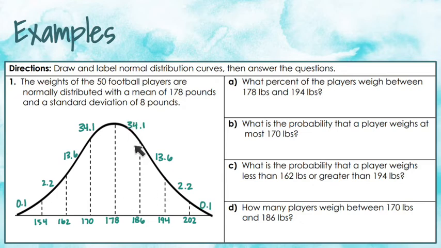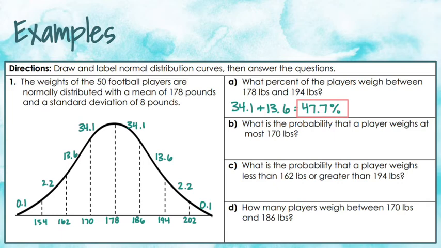Well, the percentage of players is what these numbers represent. So if we just add 34.1 plus 13.6, we're going to get 47.7% of the players weigh between 178 and 194 pounds.